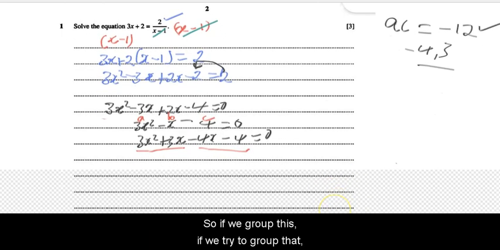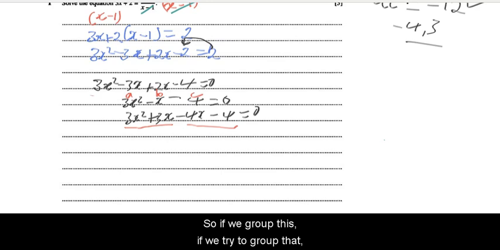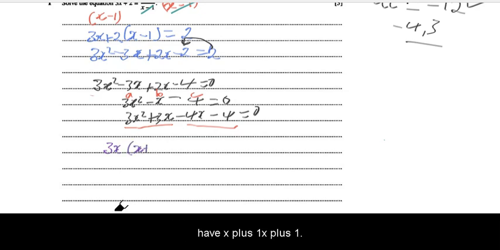If we group that, we factor out 3x and we still have x plus 1, and here we can factor out negative 4, and we are left with x plus 1. So this is equal to 0.